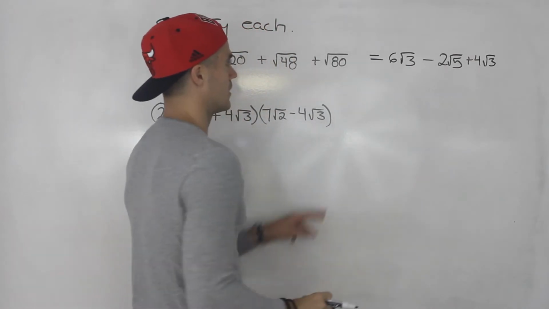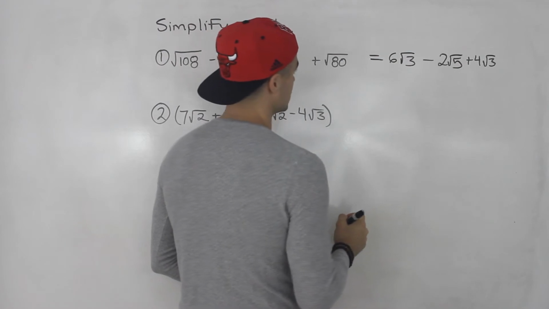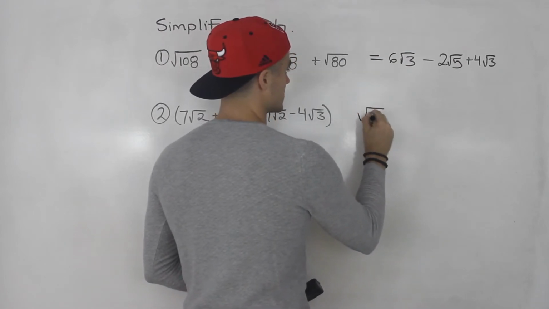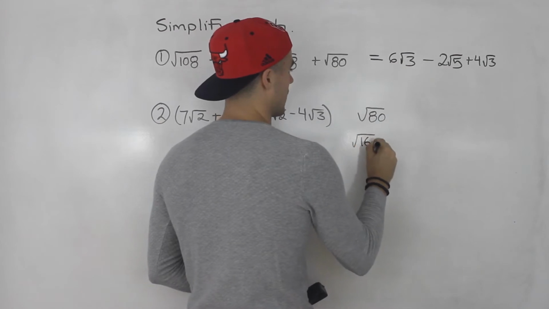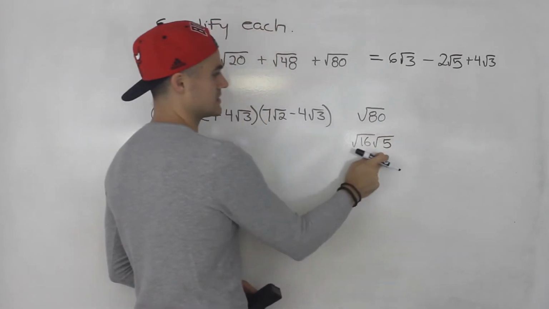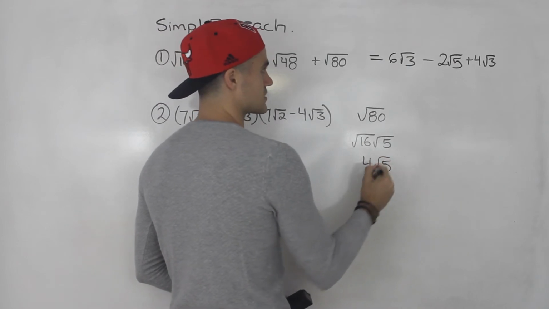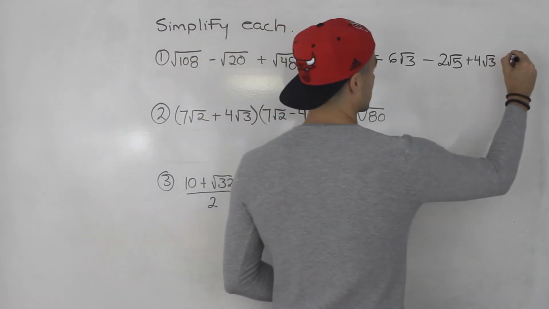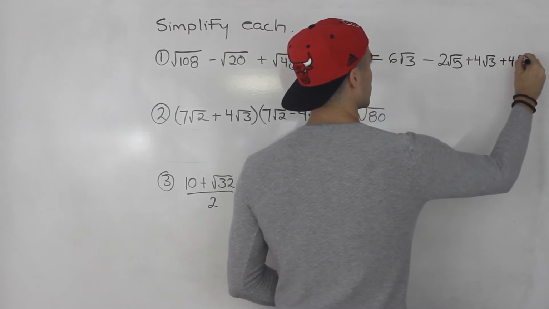And then root 80, that would break down into what? Root 16 and root 5, right? 16 times 5 is 80, so root 16 is 4, and this is just 5. So we would have plus 4 root 5.